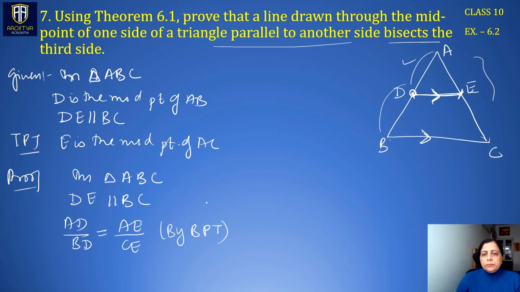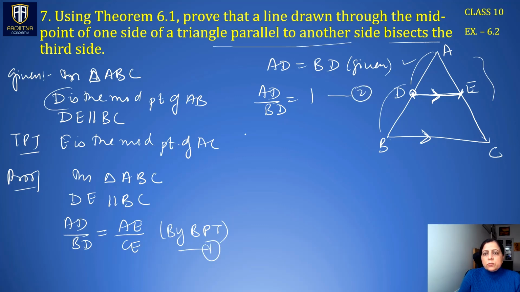Okay, now we have to prove that E is a midpoint of AC. One more thing is given to us: D is a midpoint of AB. So if D is a midpoint, we can say that AD is equal to BD, given. So the ratio of AD over BD becomes 1 because they both are equal. Let this be equation 1, and this is equation 2.